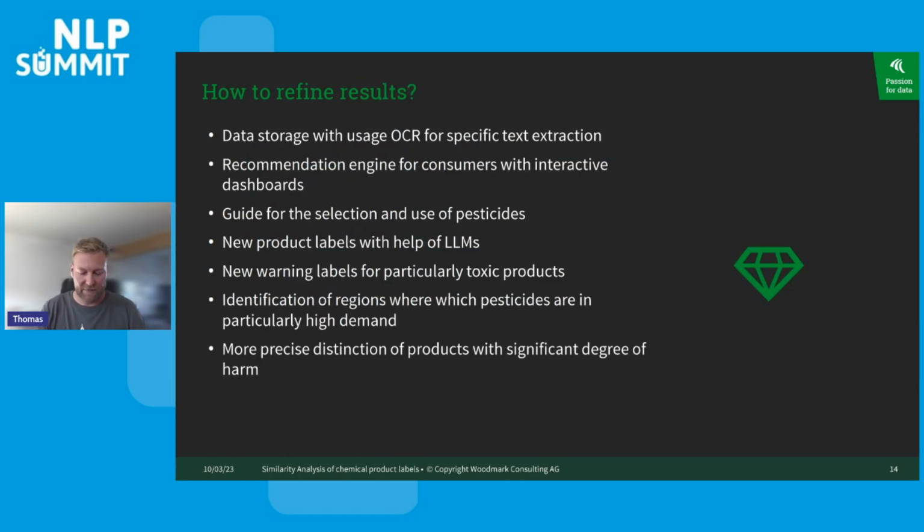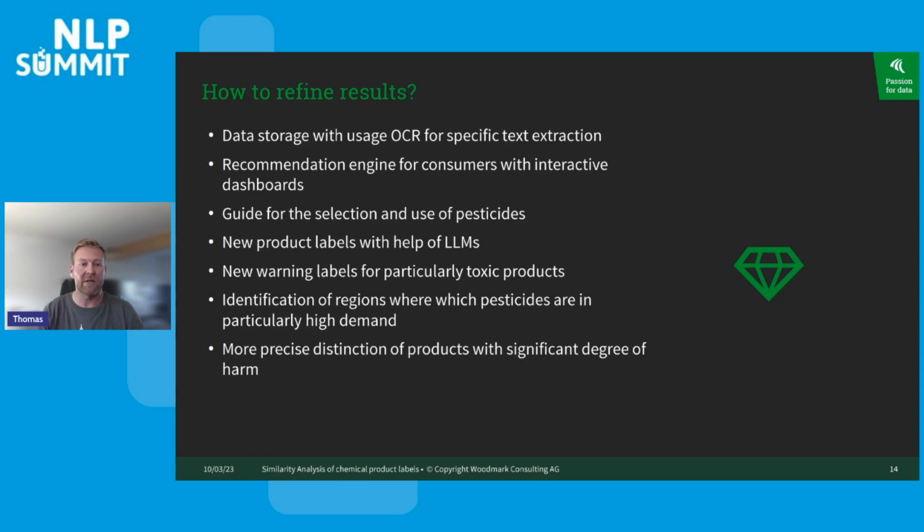So what we have seen here is a data science approach. It's not AI. But the good thing is now we can put AI on top of this result. We can use OCR to get specific text extraction. We can build a recommendation engine for consumers with interactive dashboards.